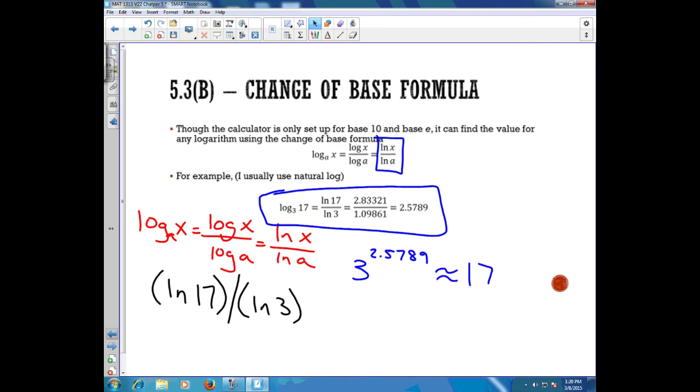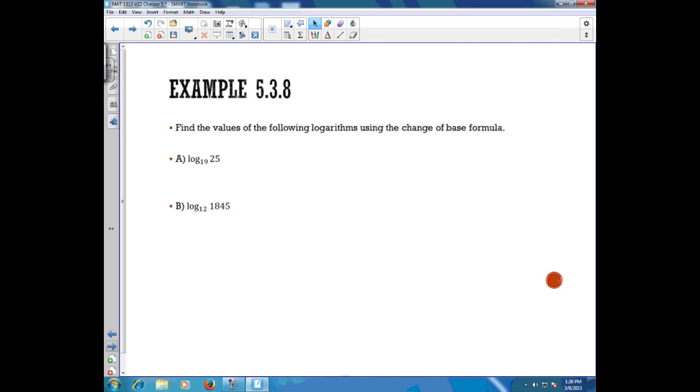So once again, use these next examples to make sure that you're getting the same numbers. We want to find log base 19 of 25. So we're going to use the change of base formula. And like I said, I like to use natural log. And so this is the same thing as the natural log of 25 divided by the natural log of 19.